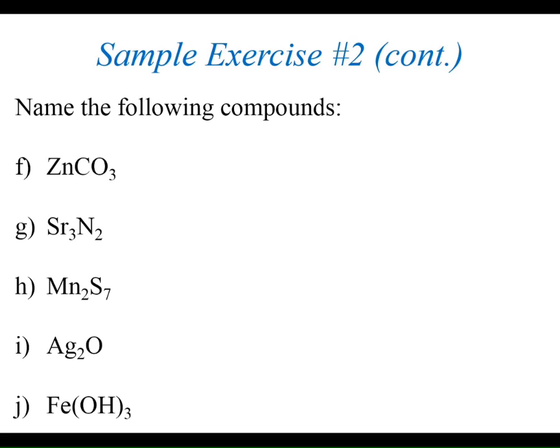Where's it on the table? Does it need a Roman numeral or not? Figure all that out, talk with your neighbor, help each other out. Okay, so we already said that was zinc carbonate. What'd you get for G? Strontium nitride. Nitrogen all by itself, nitride.